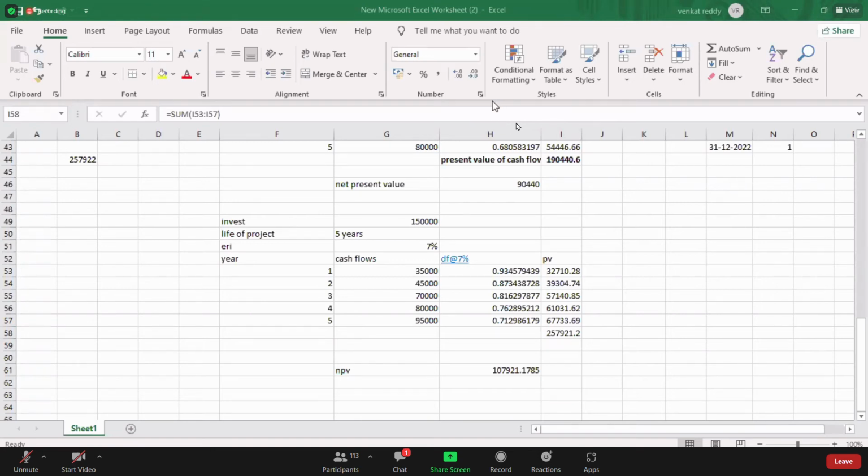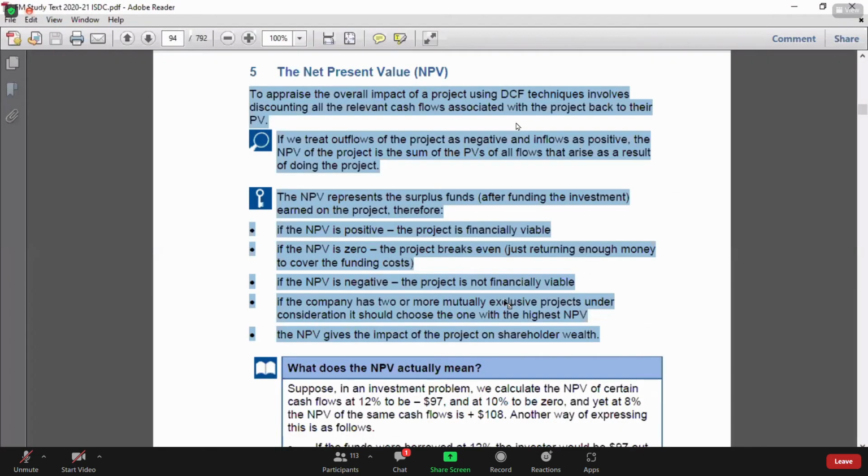And the fifth point, let me see what it is. If the company has 2 or more mutually exclusive projects, suppose 2 projects, and let us assume both have positive NPV, but we can go with only one project because the company has only 1 lakh to start.